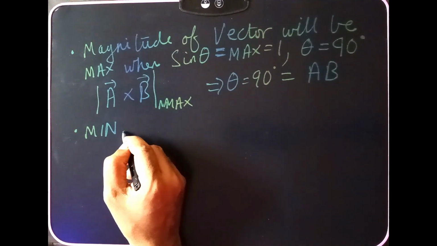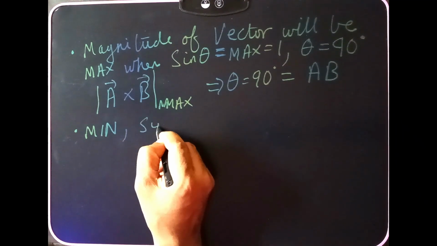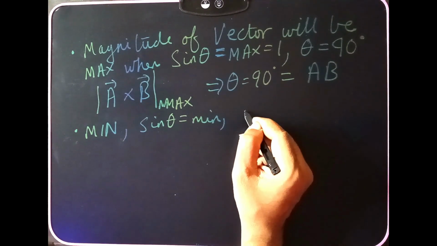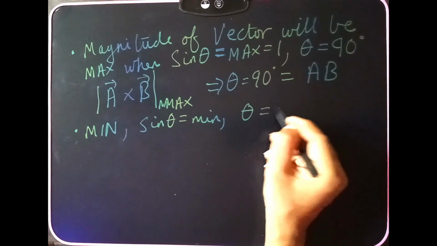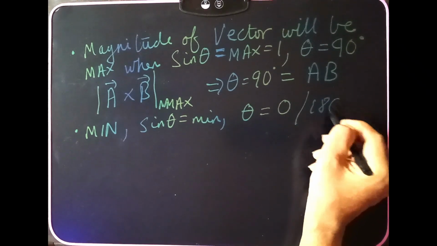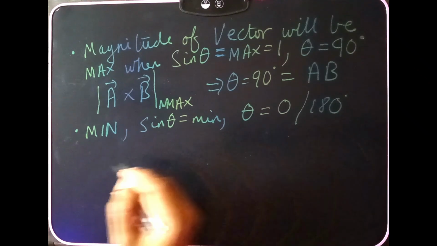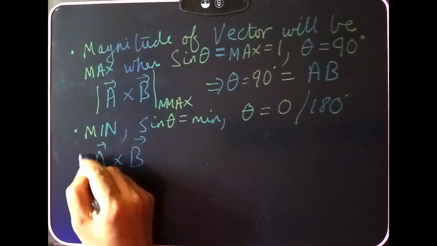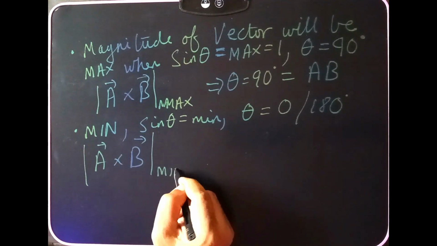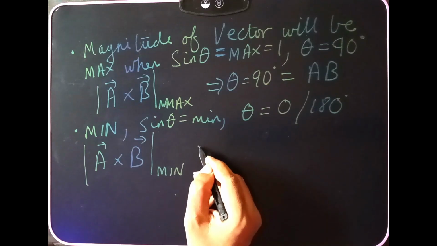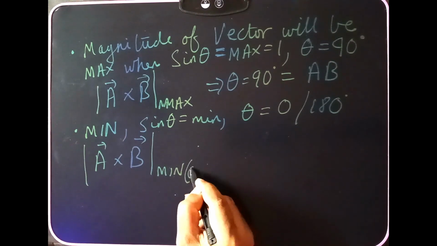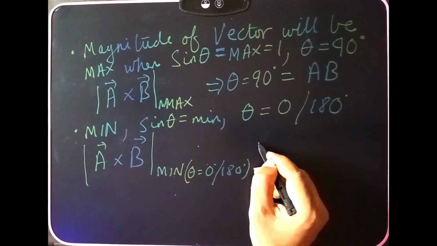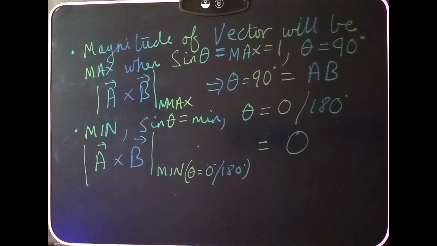It will be minimum when sin theta is minimum, and sin theta is minimum when theta is equal to 0 or 180 degrees, right? So A cross B minimum is when theta is equal to 0 degrees or 180 degrees, and this will become equal to 0.